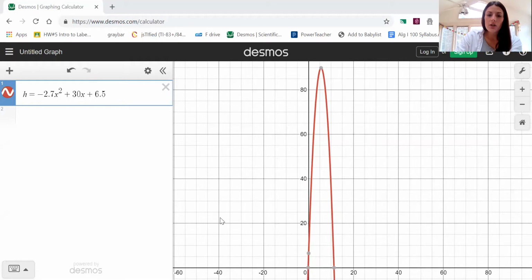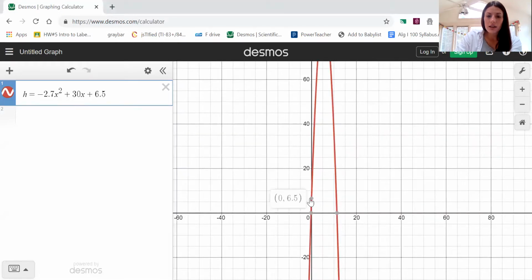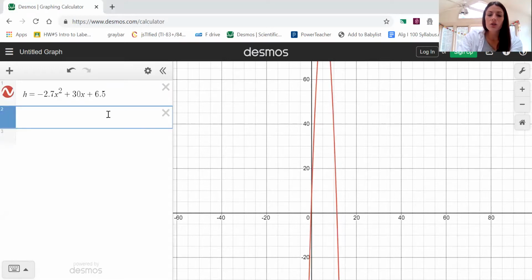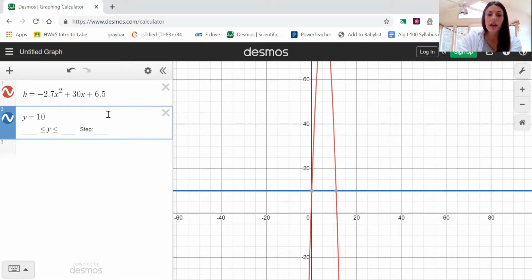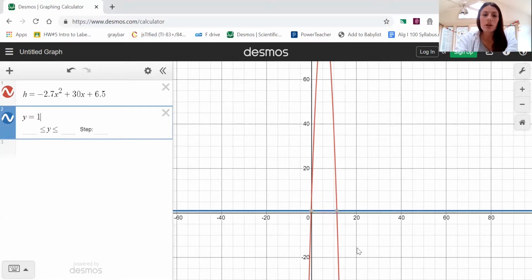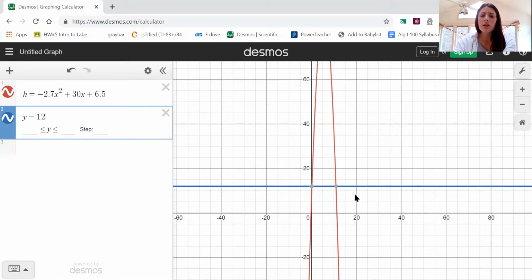Because the ball's starting at a height that's less than 12 feet, it's starting at 6.5 feet when it's at 0, and then it's going to be in positive values from there on out. I can actually show you in here. If I type in when does y equal 12, it's going to hit 12 feet at 2 points.